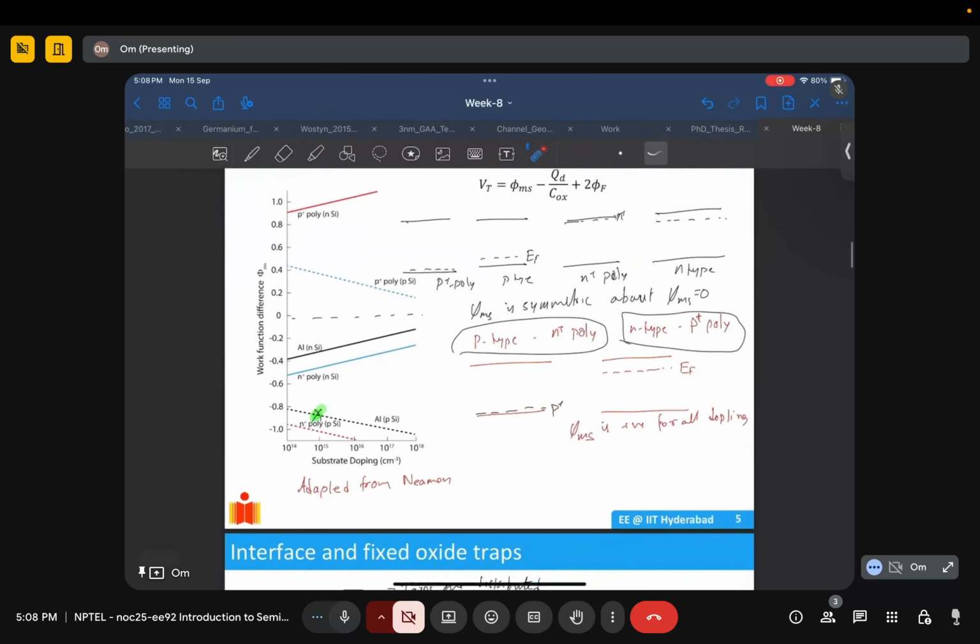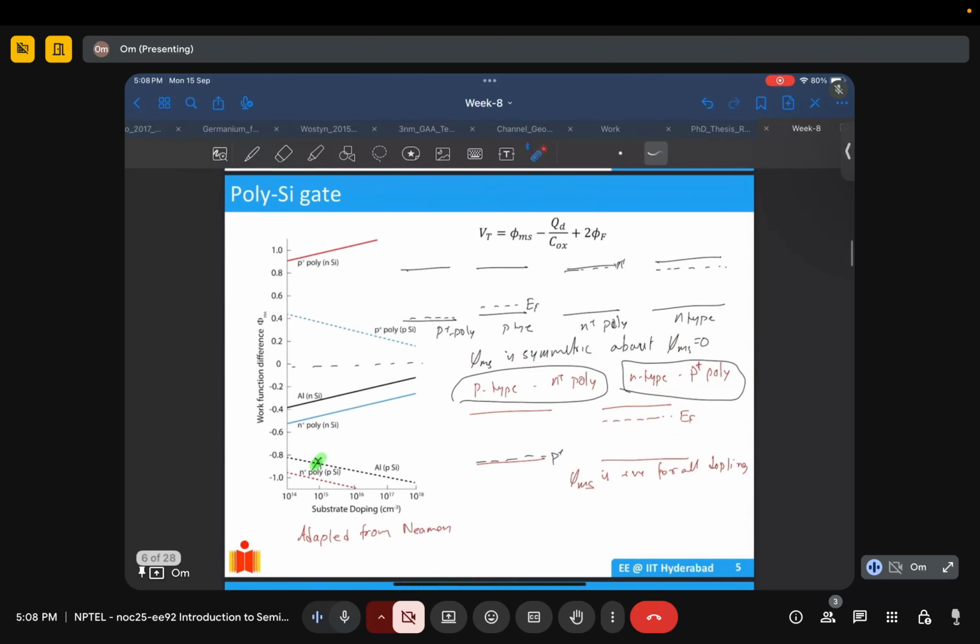So ideally phi m minus phi s is 0, but in most practical cases this is not true. Generally in NMOS or PMOS, in the older CMOS technologies, we use P plus polysilicon or N plus polysilicon as the gate material.